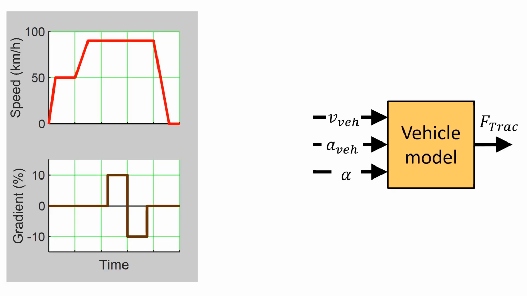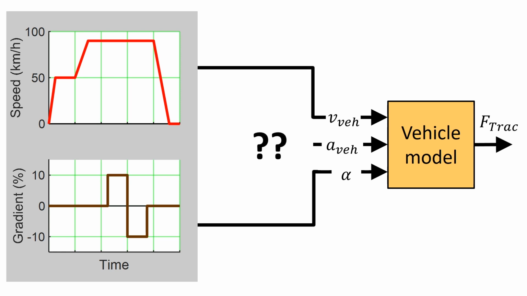The driving cycle can be used to simulate the vehicle and powertrain. To do that, we use the driving cycle as input to the vehicle model. It is clear that we can connect the vehicle speed and gradient to the input of the vehicle model. But what about acceleration? Why is that not in the driving cycle when the vehicle model needs it as an input?